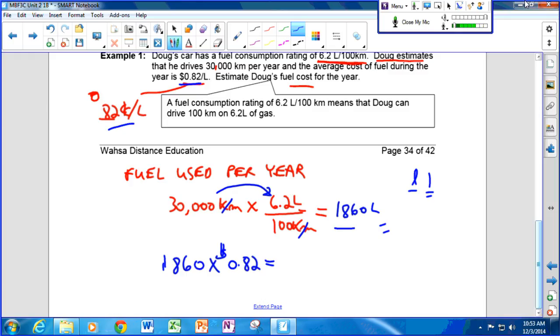So it's 1,860 times 0.82. And so now we have the price: $1,525.20 per year. Okay, so Doug will spend $1,525.20 to drive his vehicle that has that particular gas rating at that price.